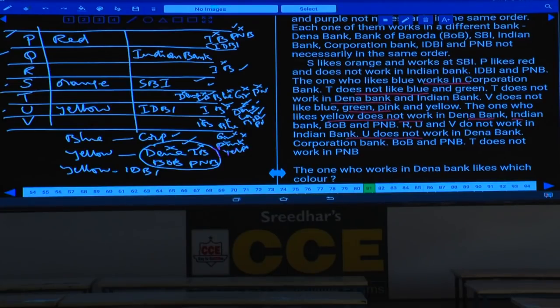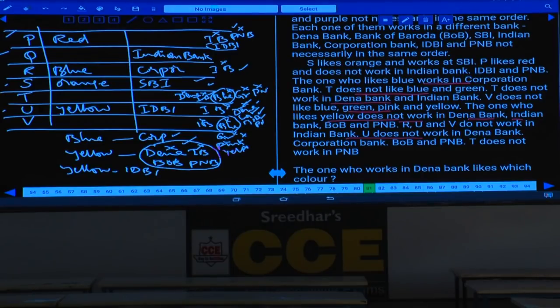T does not like blue color, and V also does not like blue color, so T and V do not like blue. Hence who must like blue color here? R must like blue color, and this person must work in Corporation Bank.